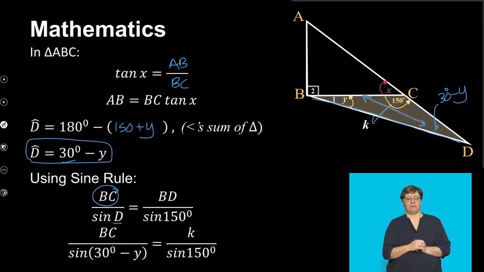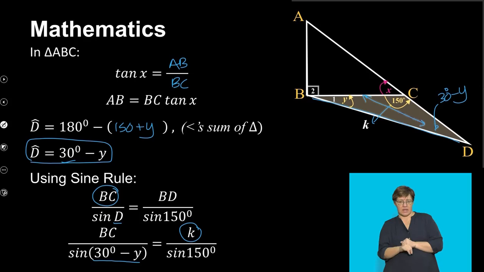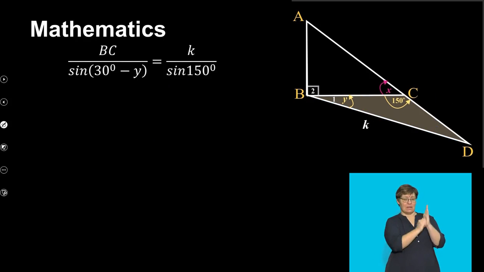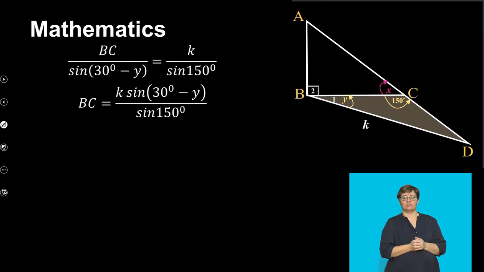Then D was 30 minus Y, and BD was K, so we substitute those two in. Now we make BC the subject of the formula by multiplying through by sine of 30 minus Y, so it becomes K sine of (30 minus Y) over sine of 150.